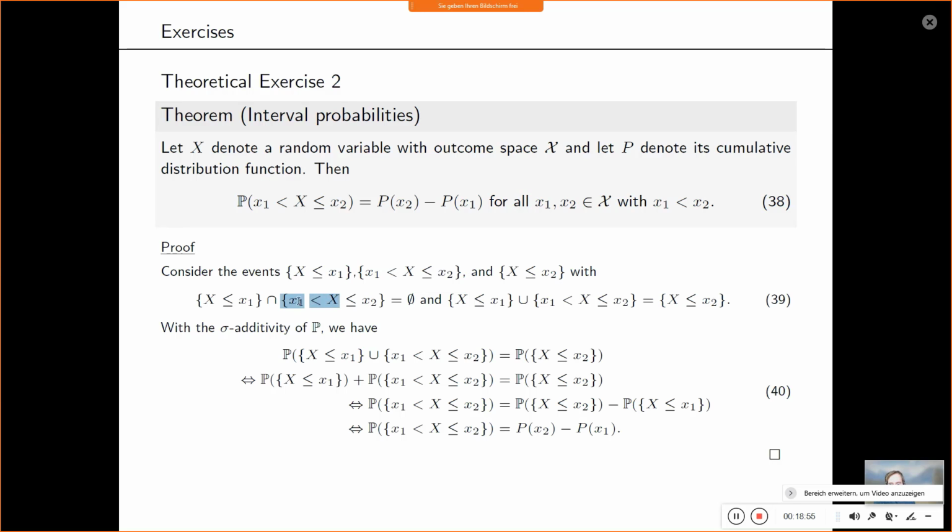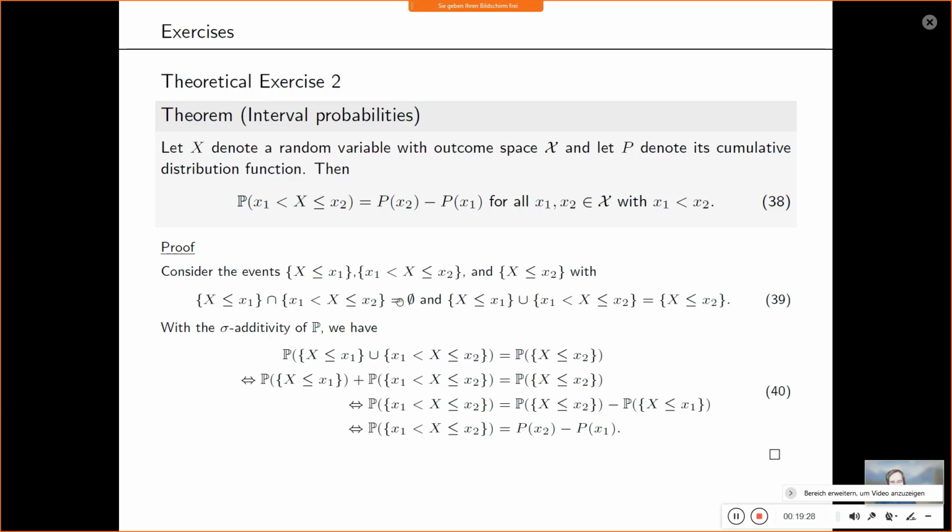So this is how you read it: x is larger than x1, and here x is smaller or equal to x1. So this is the empty set, and the event x smaller or equal to x1, together with the event that x is larger than x1 and smaller or equal to x2, because x2 is strictly larger than x1, together they are the event that x is smaller or equal to x2.